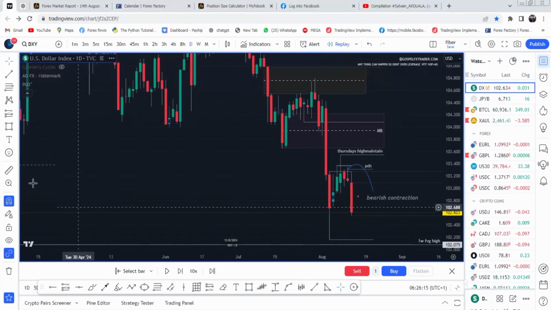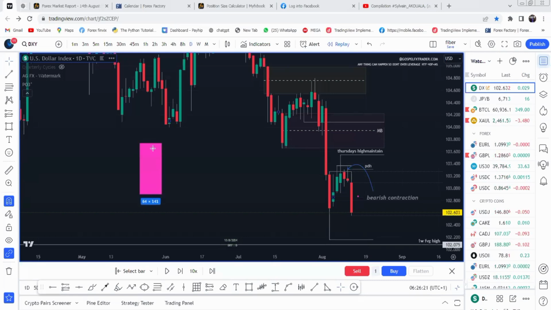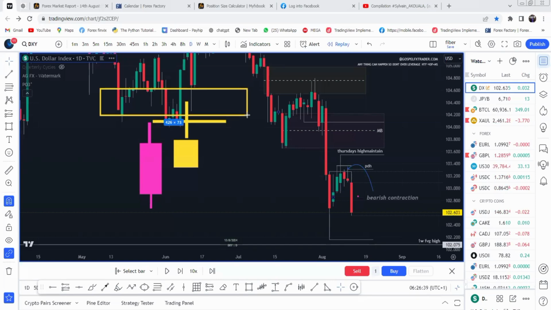All right, so if your draw on liquidity is to the downside, and you have a candle like this one here, and since you're bearish, you can expect price to give you a CRT, that is, take the previous candle's high. Now also remember that this taking of the previous candle's high should be into some key level, right?